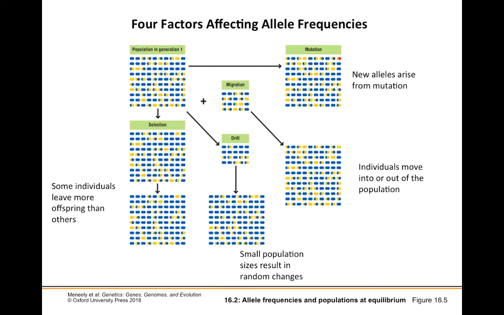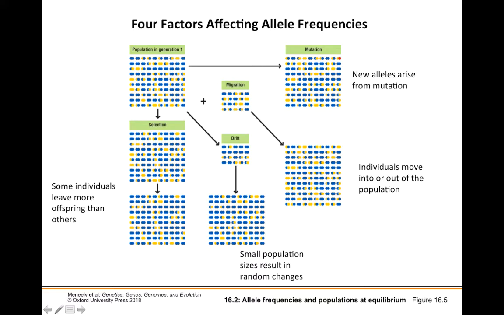So we can think of these as something happening to a population in generation one, and then happening to it under new scenarios. So we can take individuals and we can have a mutation in one of the individuals that gives us a new allele.